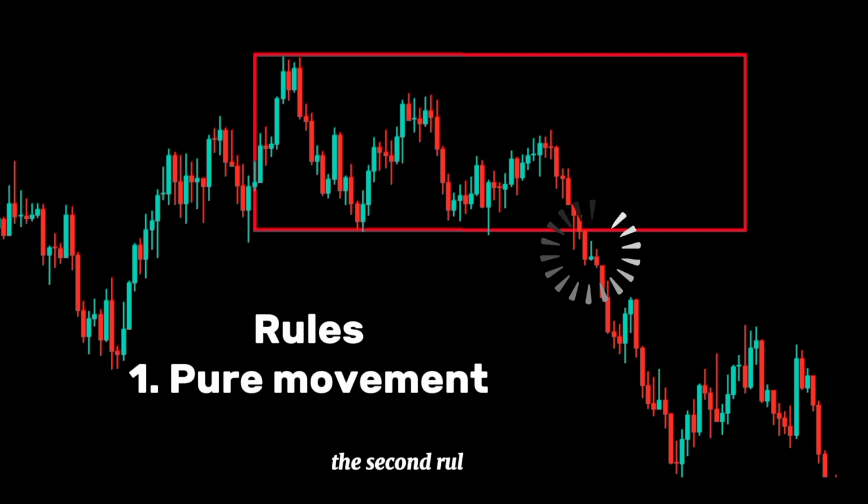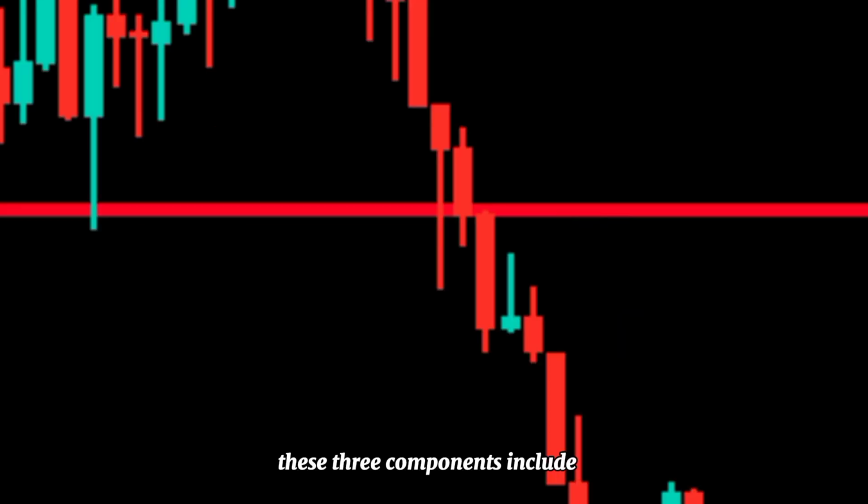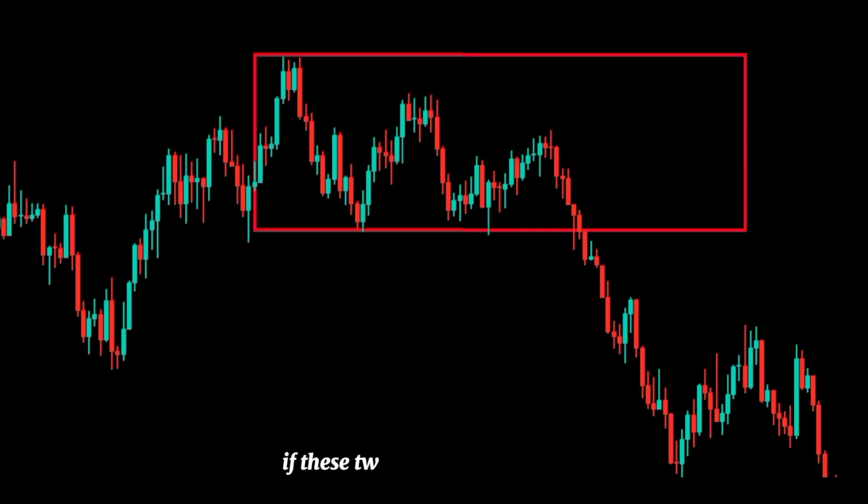The second rule is that one of the 3 components of the retest movements must be touching the breaking point. These 3 components include: the candle before the 1 candle retest, the 1 candle retest candlestick, and the candle after the 1 candle retest candlestick. If these 2 simple rules are met, then you enter the trade and apply good risk management.